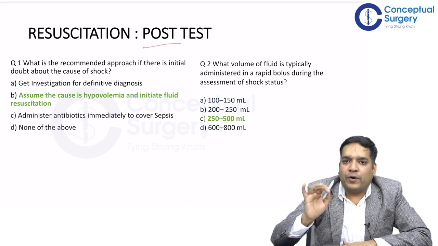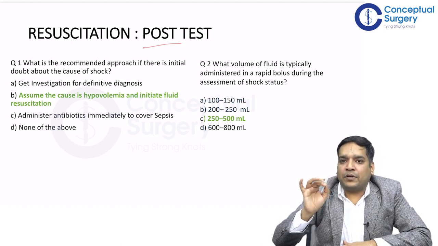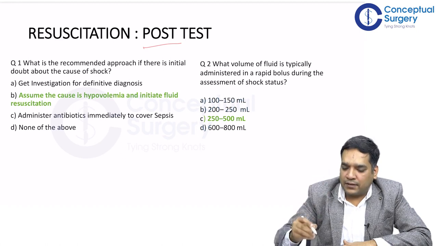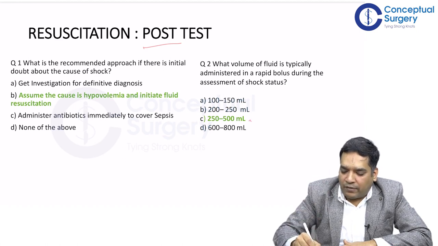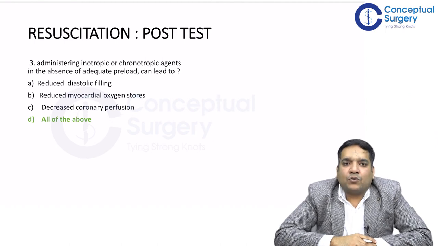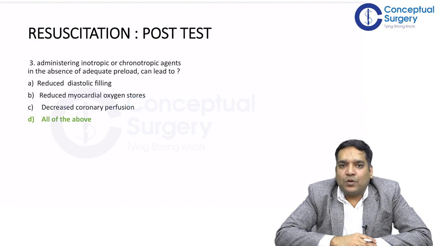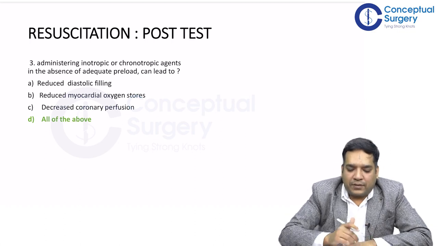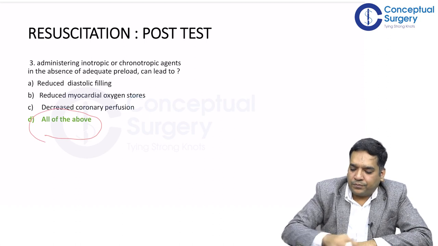What volume of fluid is typically administered in a rapid bolus during the assessment of shock status? Answer is 250 to 500 ml. And the last question was, administering inotropic or chronotropic agent in the absence of adequate preload can lead to reduced diastolic filling, reduced myocardial oxygen stores, and decreased coronary perfusion. Answer is all of the above.